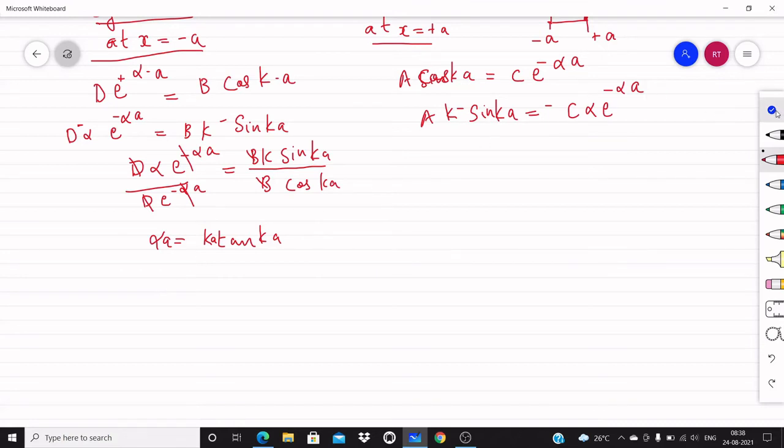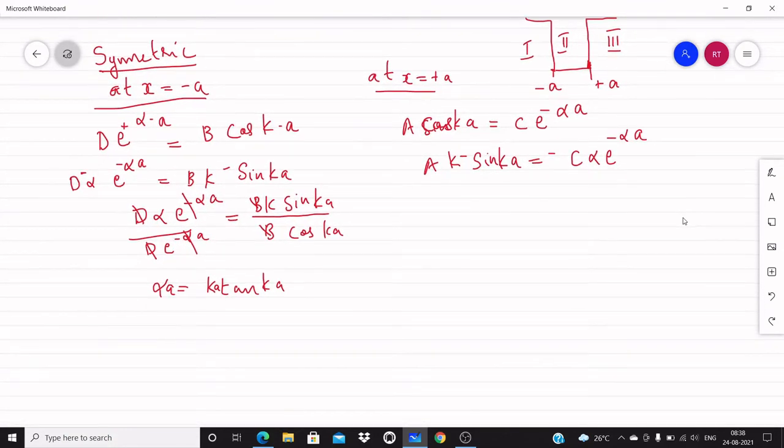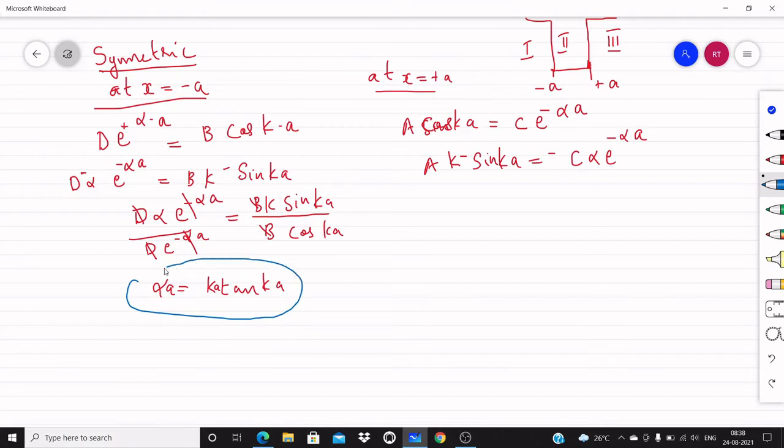If it is anti-symmetric, you will also have another set of equations. This is the symmetric case.